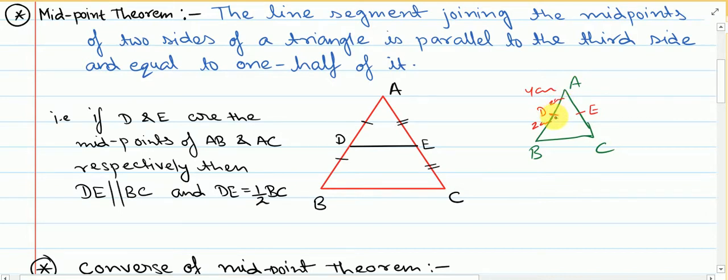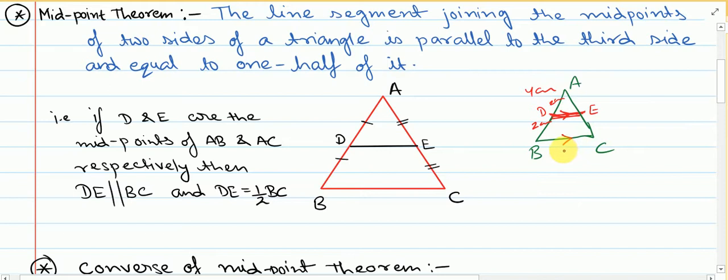So what do you do? You join those midpoints. Okay, so after that what you observe is, this line DE will be parallel to the third side, that means parallel to BC, and length of DE will be half of BC.